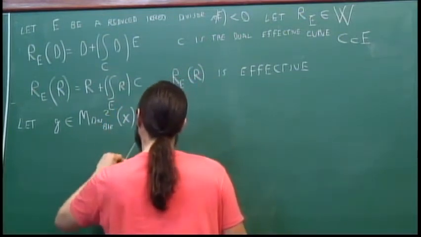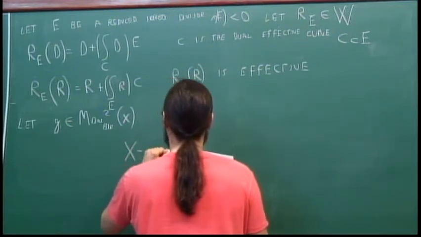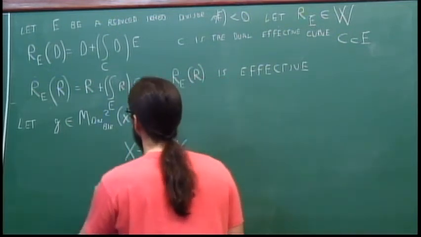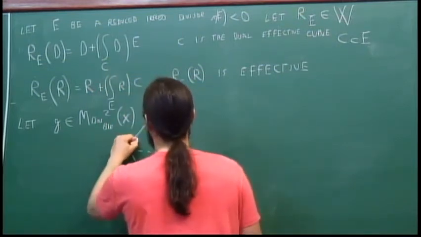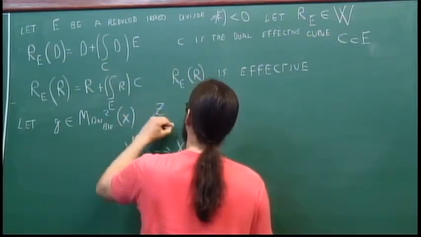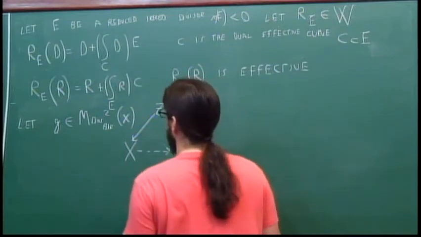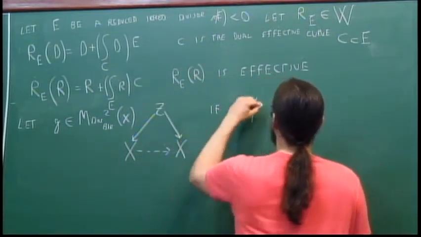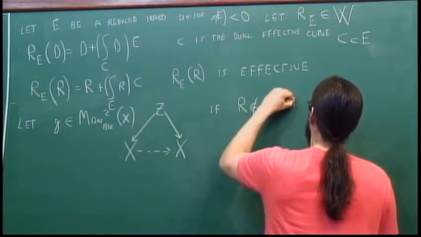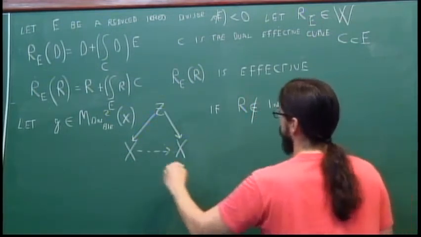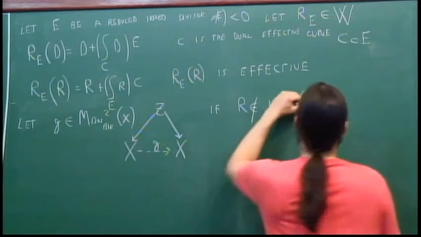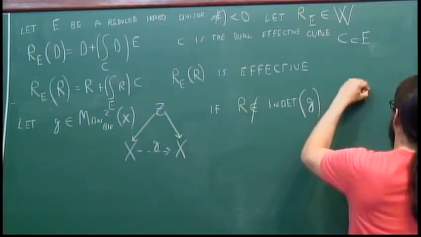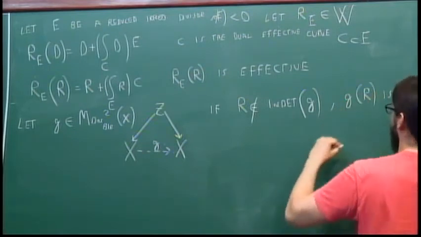and so this is some self-map from X to X, and here we resolve the map. So if R does not lie in the indeterminacy locus of G, then of course G of R is effective.